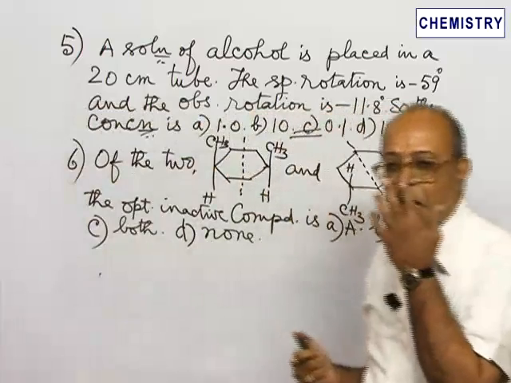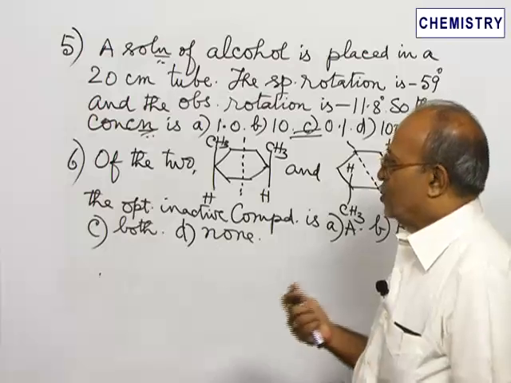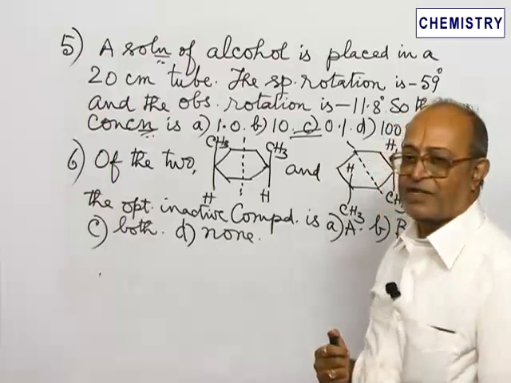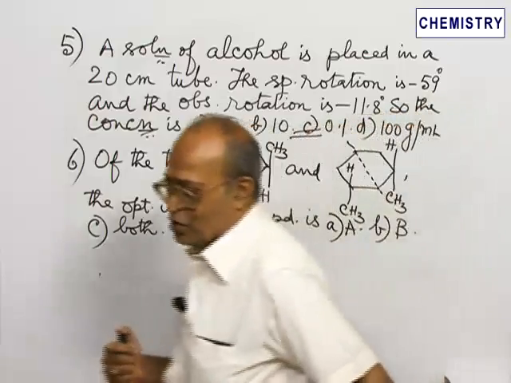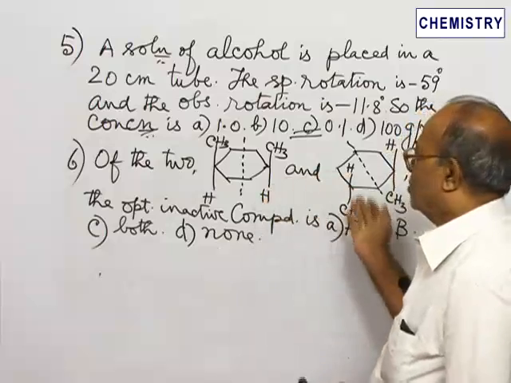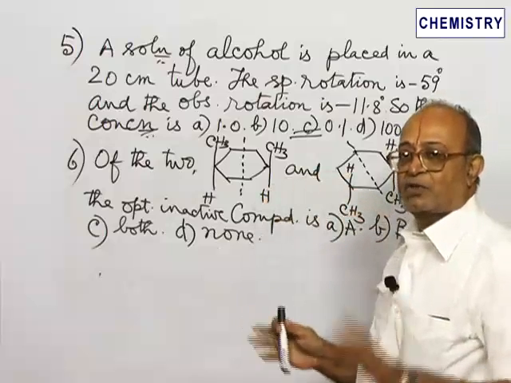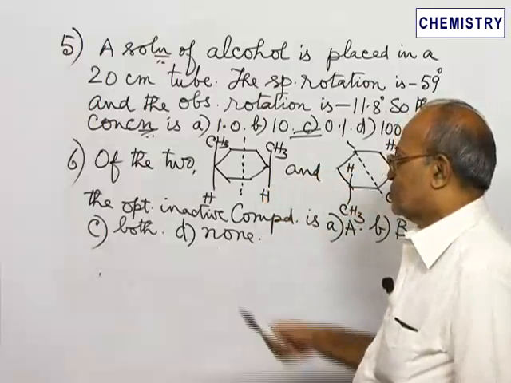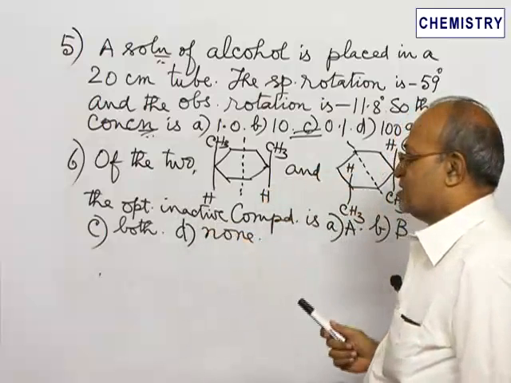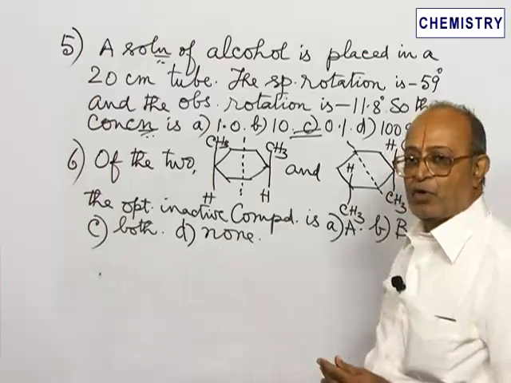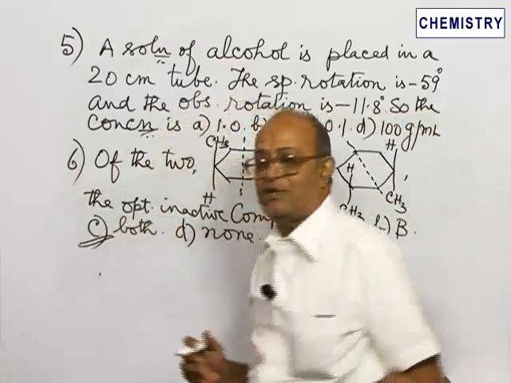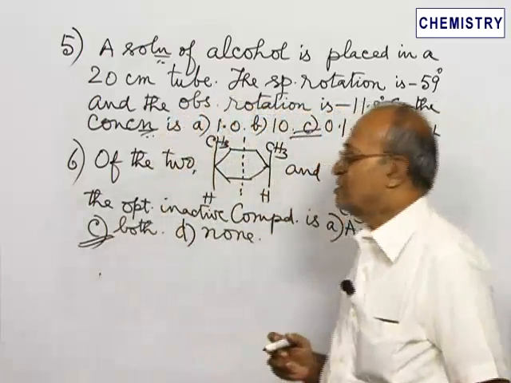Both compounds are cis isomers, but since there is a plane of symmetry in both, both of them will be optically inactive. So A is not correct, B is not correct, C, both of them optically inactive, is the correct answer for this question.